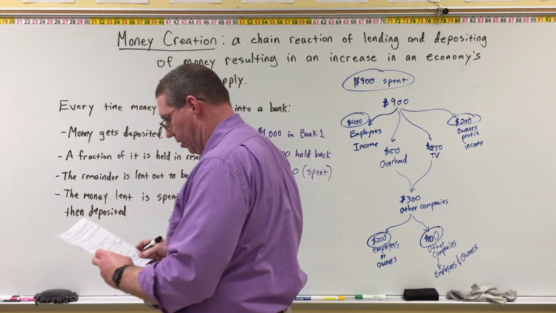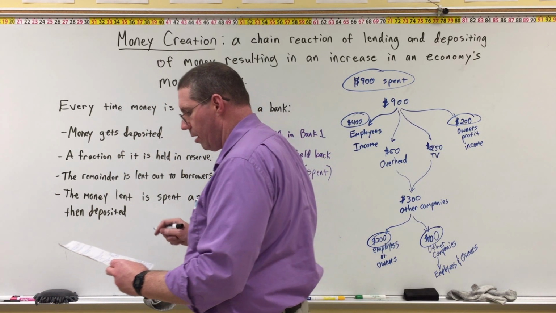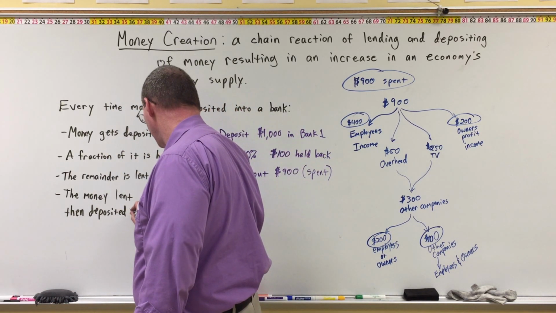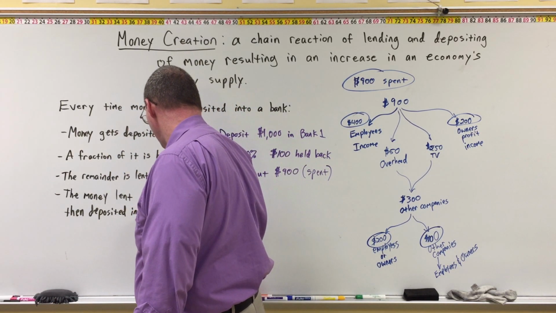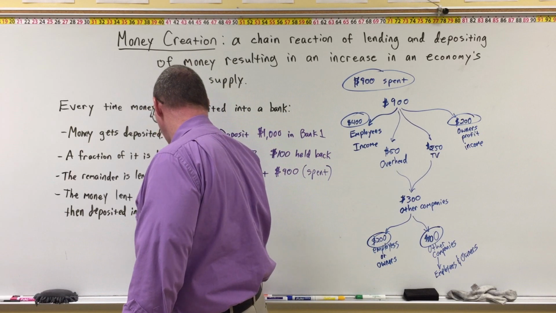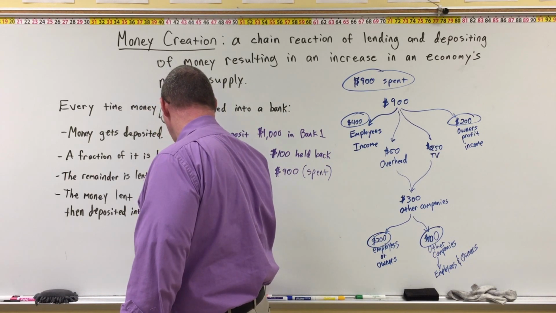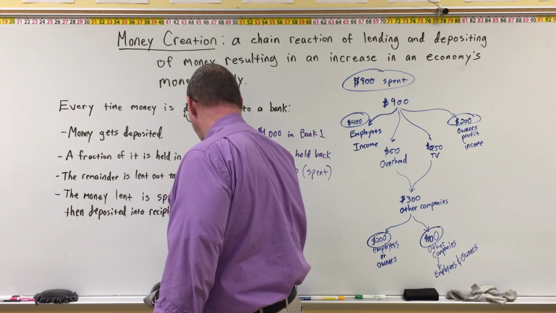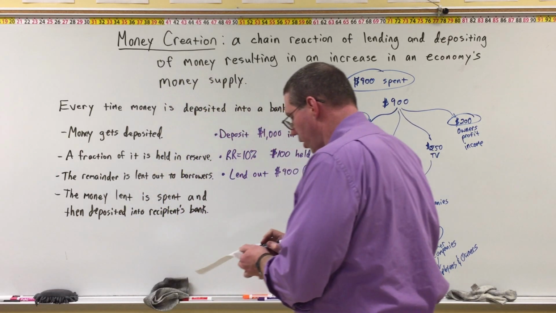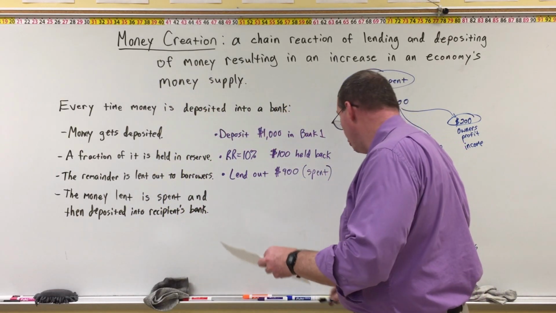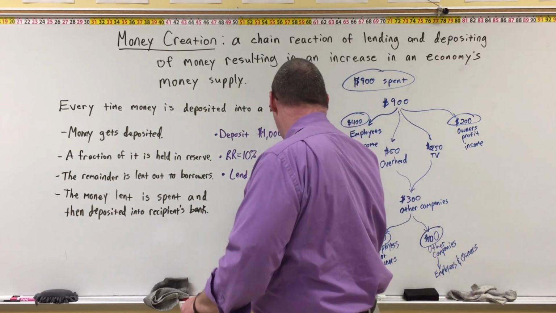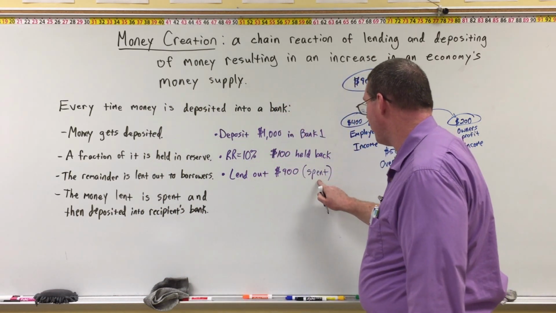Where is it deposited? It's deposited into the recipient's bank. We're going to call that Bank 2. So we lent out $900. The person who borrowed it spent it.